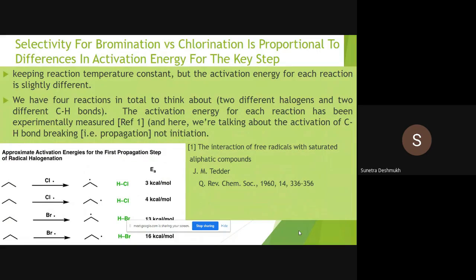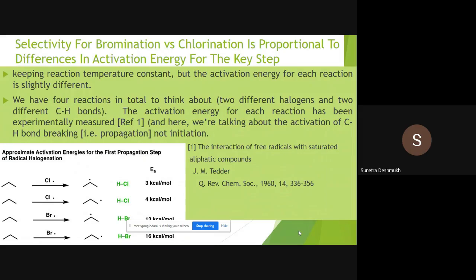Okay, so the K step here is nothing but the breaking of the CH bond. Keeping the reaction temperature constant, we have to measure the activation energy for each reaction. So we are going to measure the energy of activation by keeping temperature constant, with two different halogens and two different CH bonds.